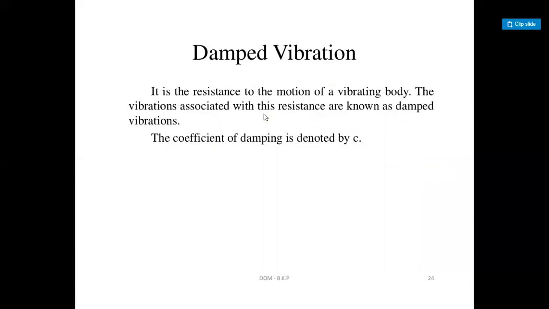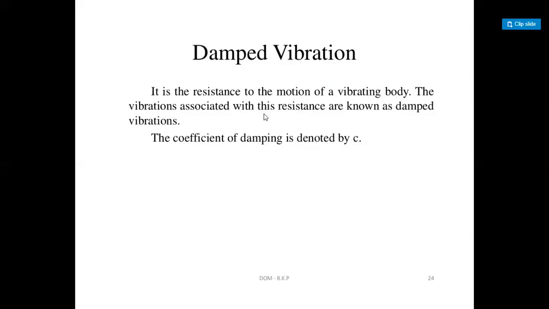We studied in the last lecture what damped free vibration is. When vibration is produced in the system, or when an external force is continuously applied to a system that has a resisting force, it is called damped vibration. For example, if you apply an external force to the system, then a component of the system, or a part of the machine, opposes that external force or absorbs some energy to decrease the vibration.